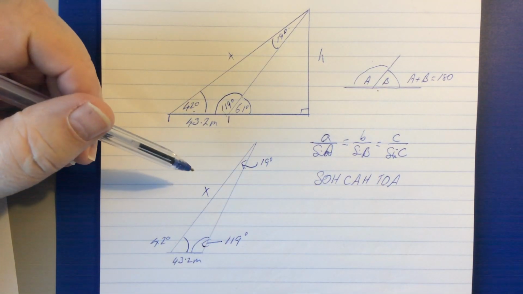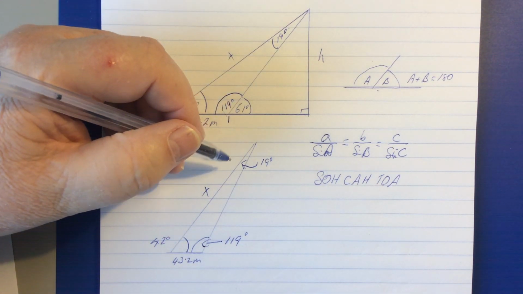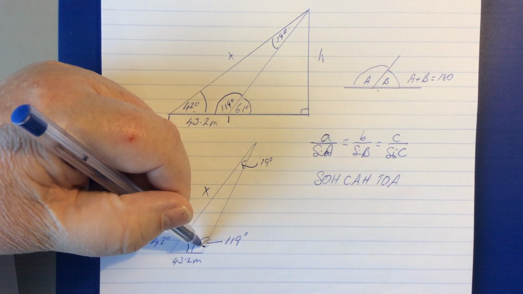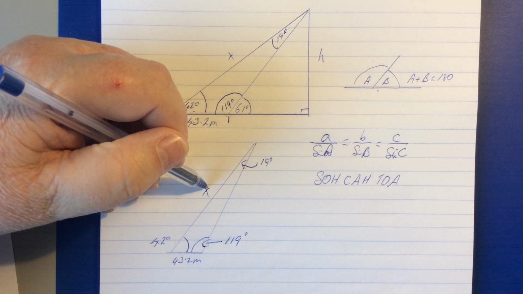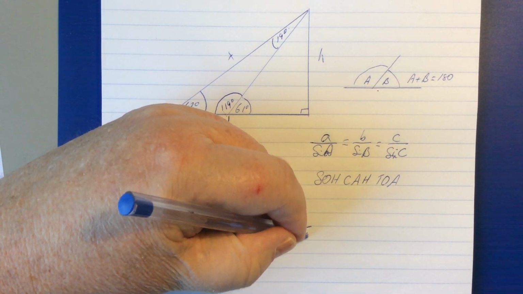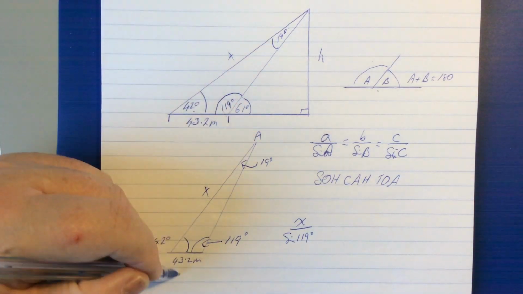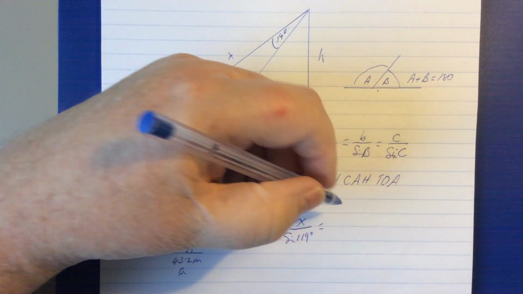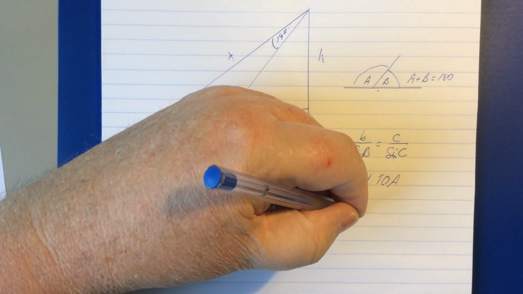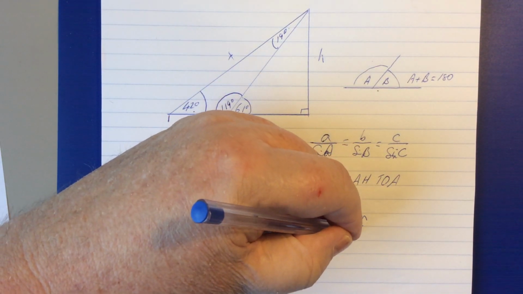So what do we know? Well, let's name a few things. If we take this ratio here, x over the sine of 119 degrees, let's call this a, and this little a is equal to 43.2 meters over the sine of 19 degrees.